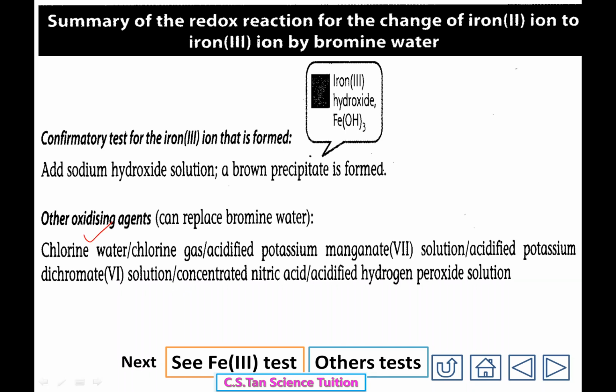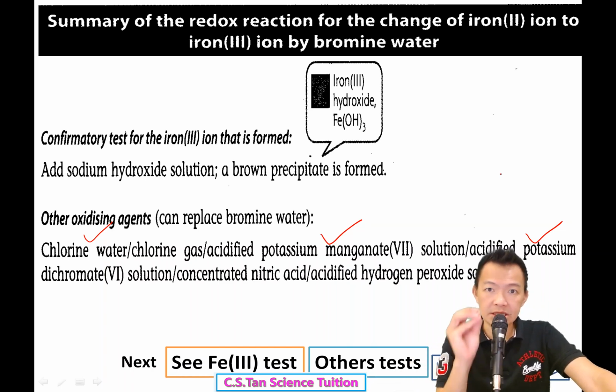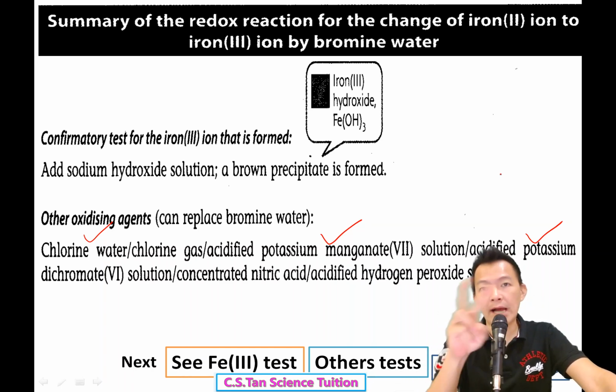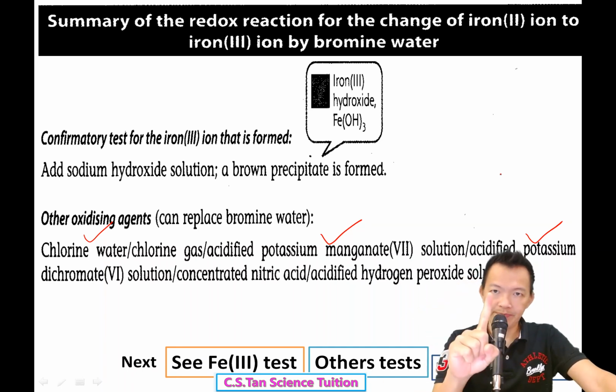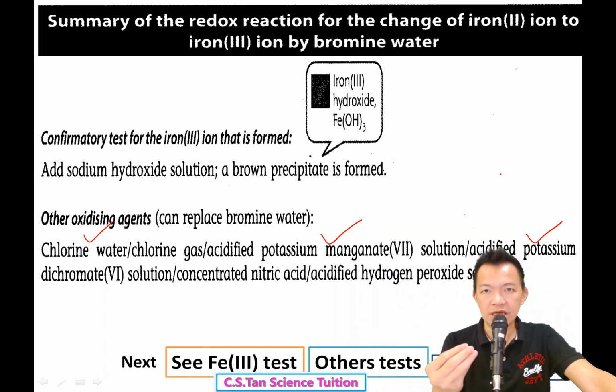I highlight for you: chlorine water, acidified potassium manganate solution, acidified potassium dichromate solution. These three will be very important in exam, the others you can forget. So we are going to go through another 3 examples of redox for iron 2 to become iron 3, but not using bromine water: we use chlorine, potassium manganate, potassium dichromate. See you in another video, bye bye.